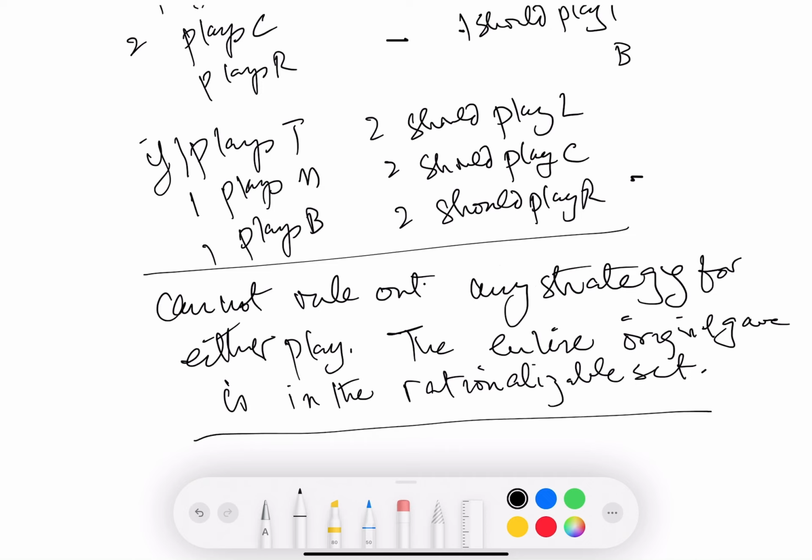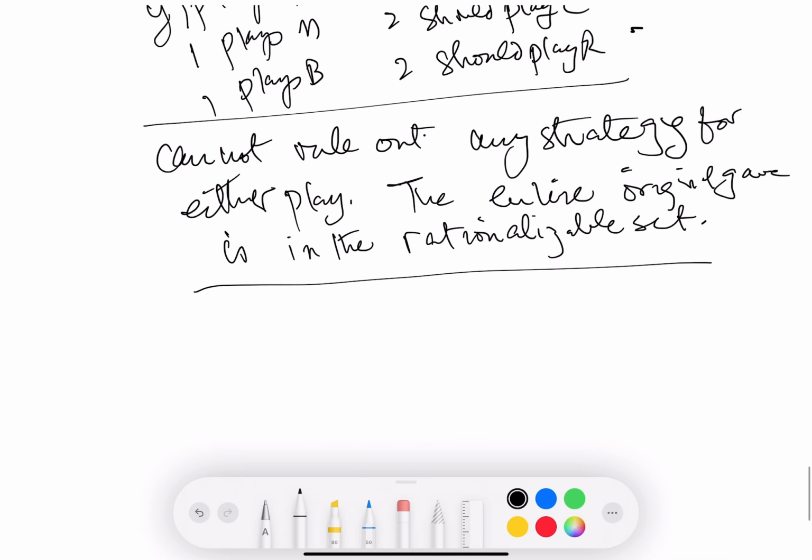So we need to figure out when we cannot count on iterated deletion of strictly dominated strategies, or equivalently rationalizability, to lead to some more insight into how to solve this game. We'll have to come out with other methods, and that will naturally lead us in the next lecture to the notion of a Nash equilibrium. I want to just make one more point before I end.